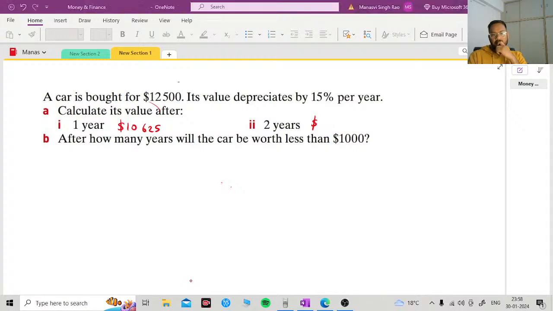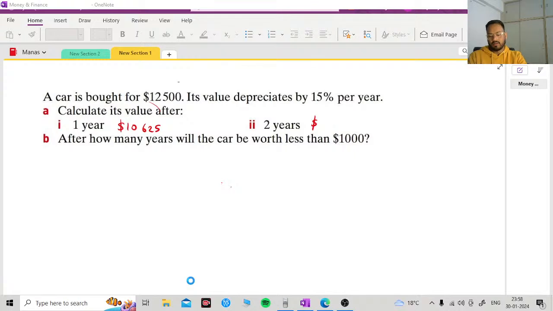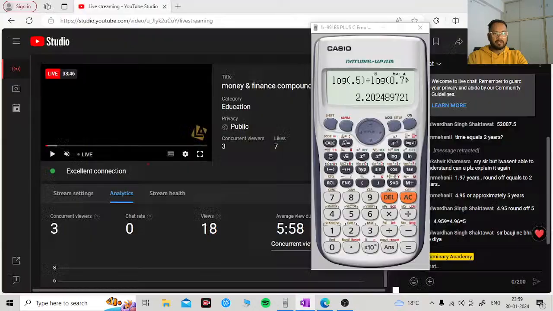What will be the value of the car after 2 years if the value depreciates by 15%? 9031 is correct. Very good. 9031 is correct. Shabash. Very good. You're doing good. Now see, I'm doing it here.